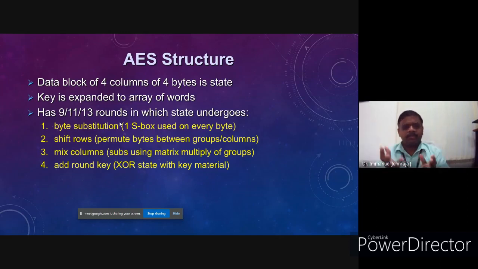So what happens? The data block is available as a state, something similar to a matrix structure. It goes for substitution initially, the standard way of substituting values, which we call byte substitution. Then rows are shifted and columns are shifted, which means rotation in the horizontal and vertical directions.